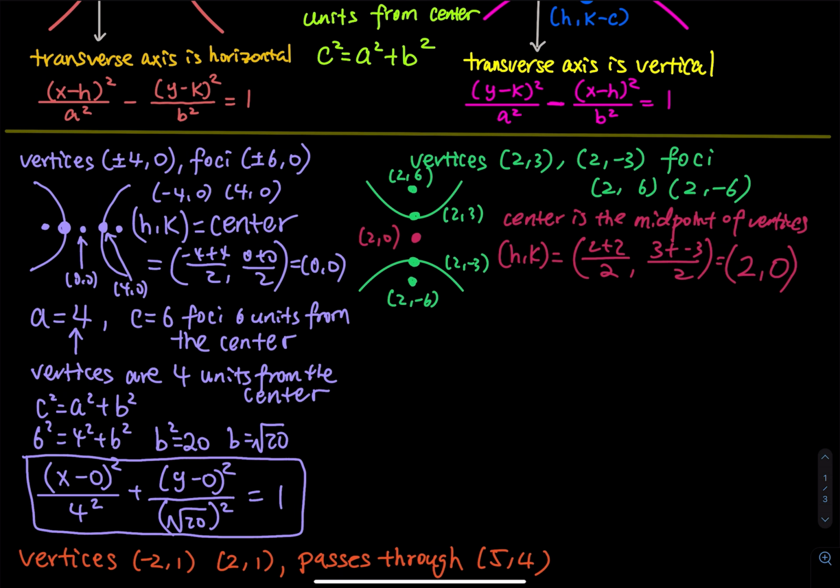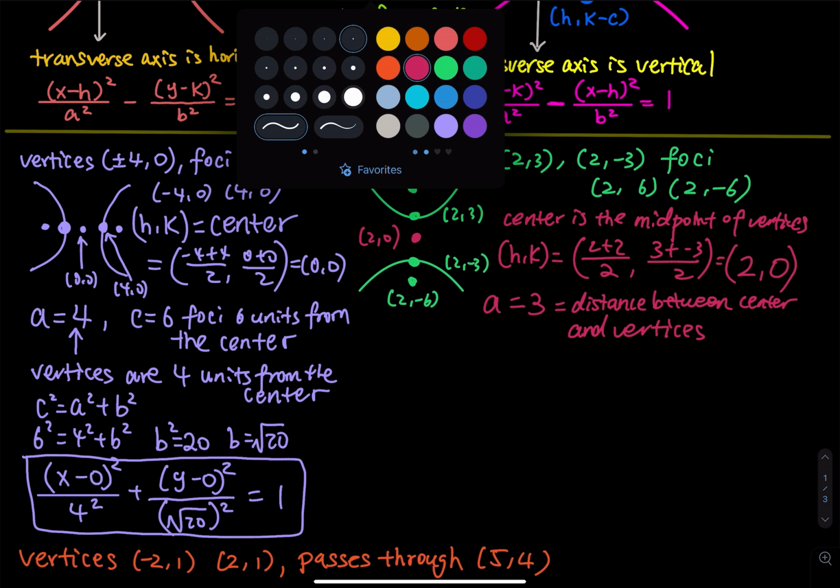And then how about a, b, and c? What is a? a is the distance between the center and the vertices. Then a is equal to 3. How about c?